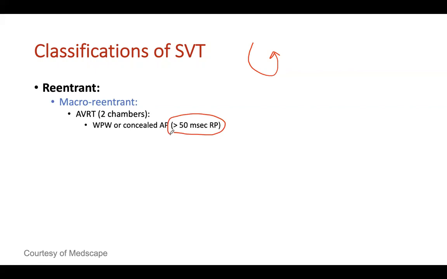That's why I stress RP interval short or long. It's not just to torture people, it means something to us. So your typical macro reentry is your WPW or concealed accessory pathway. We said before, what is the difference between concealed accessory pathway and WPW? Do you guys remember what's the difference?